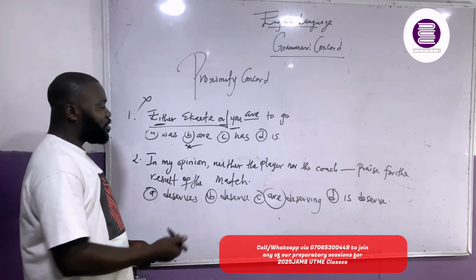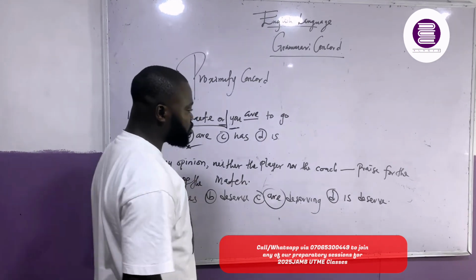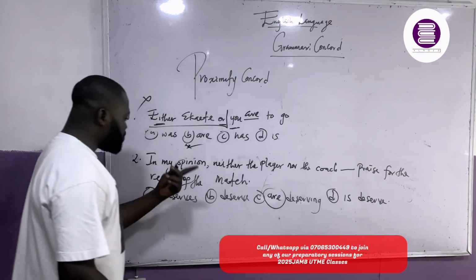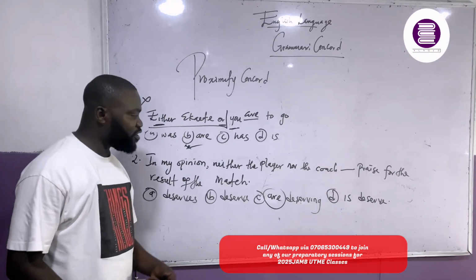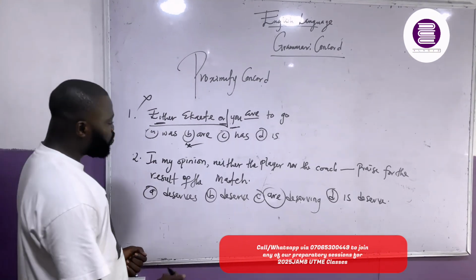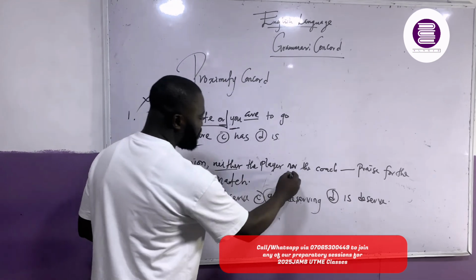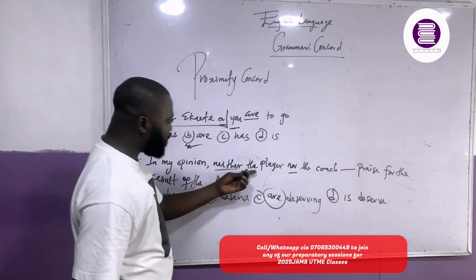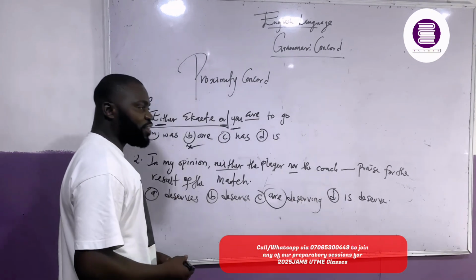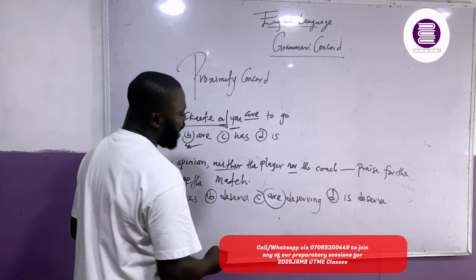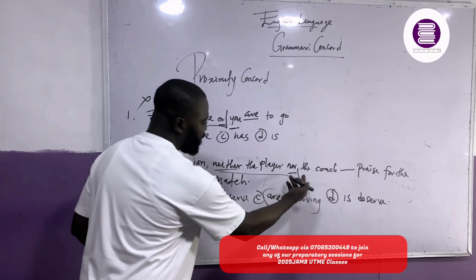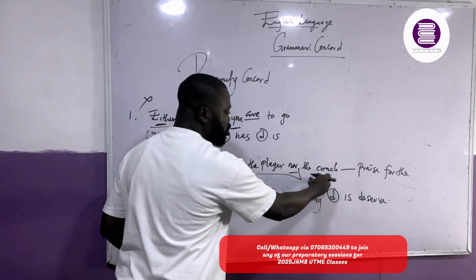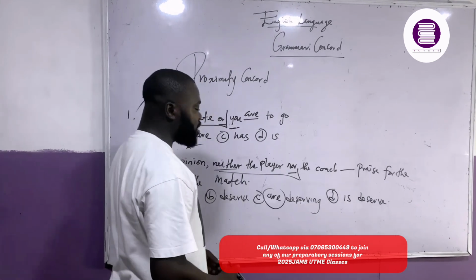Now let's look at the second sentence. In my opinion, neither the player nor the coach dash praise for the results of the match. Now we have another correlative conjunction, which is neither, nor. So neither and nor connect the player and the coach together. From this, we can see the coach is the nearest subject to the verb, and the coach is singular.